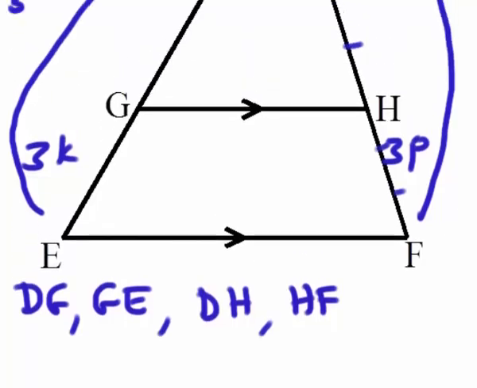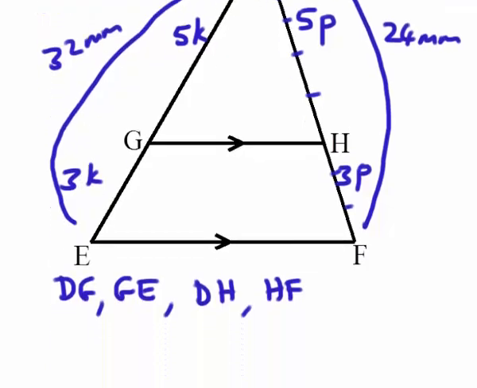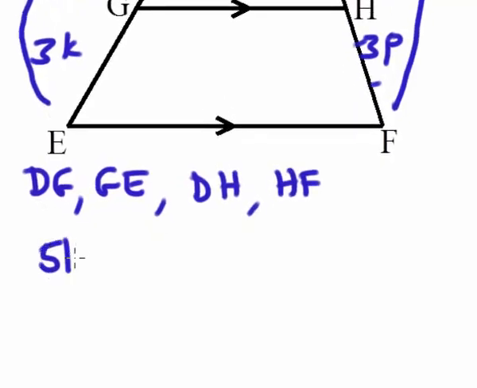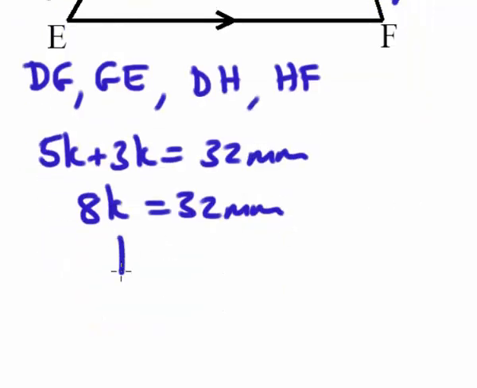Now what you could do, if you think about it carefully, on the line DE, if we add up the 5K and the 3K, we get 32. So we've got 5K plus 3K is equal to 32 millimeters, which of course is 8K is 32 millimeters. Divide both sides by 8, and K is equal to 4 millimeters. That would be the actual length of K, you see.